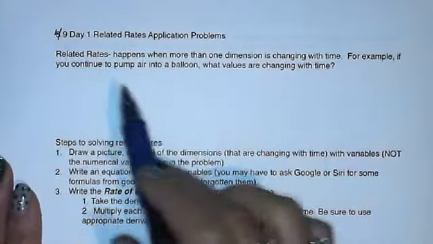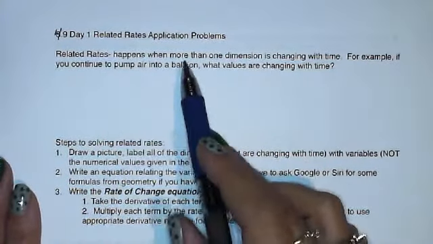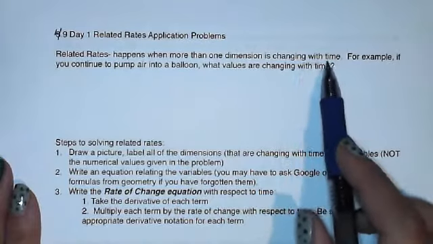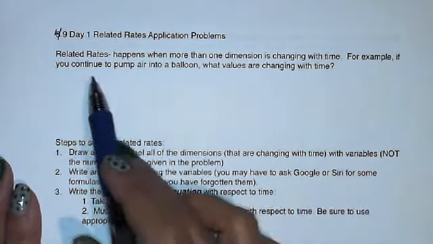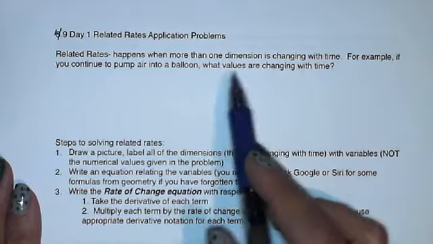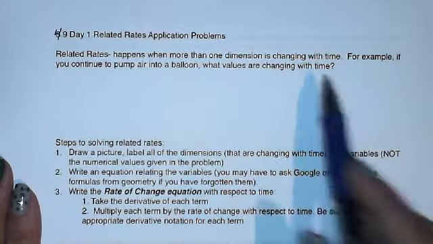What related rates are, they happen when more than one dimension is changing with time being the key factor here. For example, if you continue to pump air into a balloon, what values are changing with time?